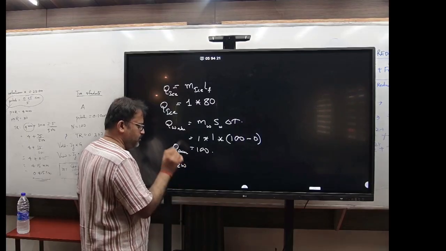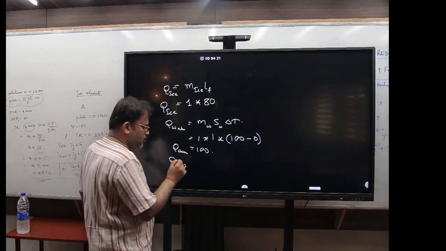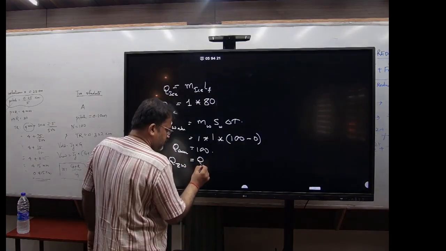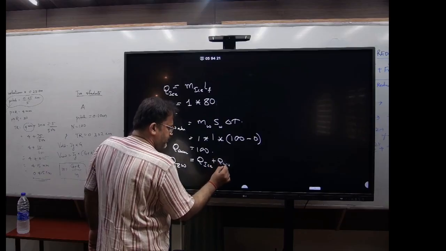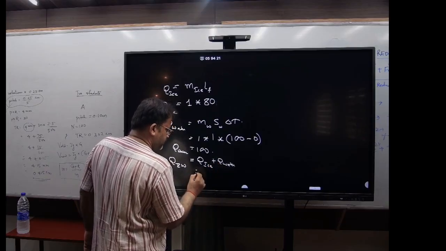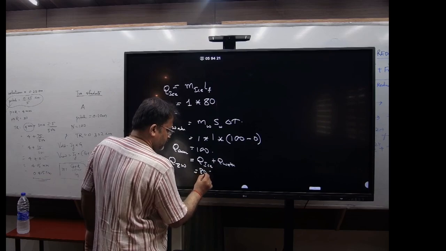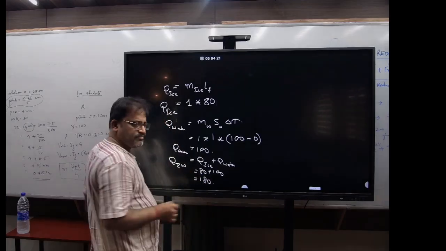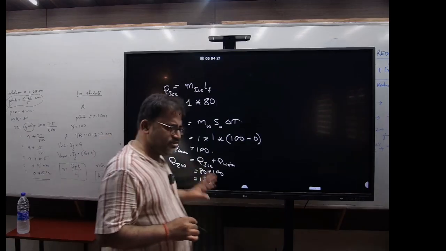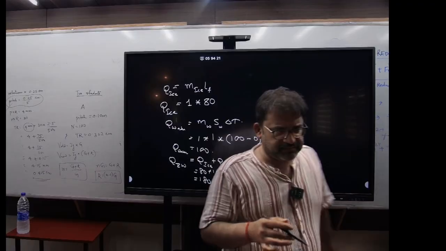I will call it as QIW. So QIW is equal to Q water plus Q ice, and it is nothing but 80 plus 100, that is equal to 180. This is in terms of CGS unit.